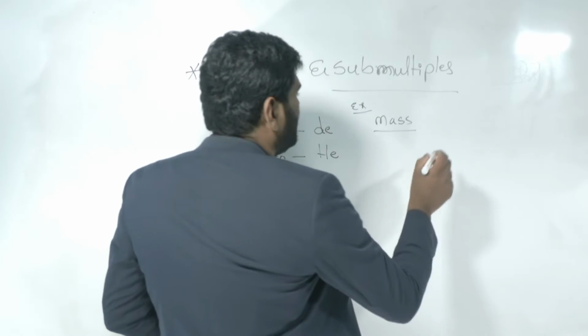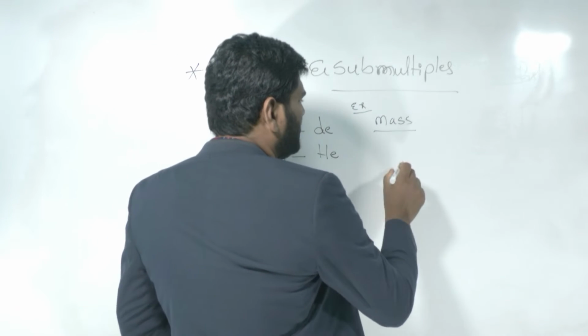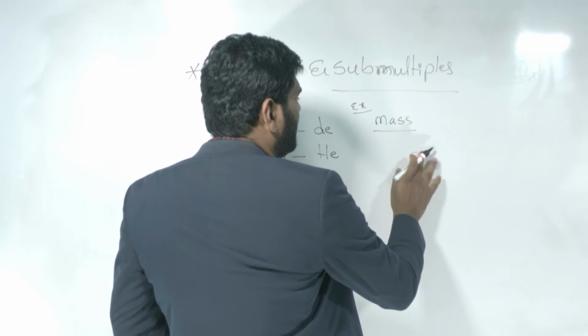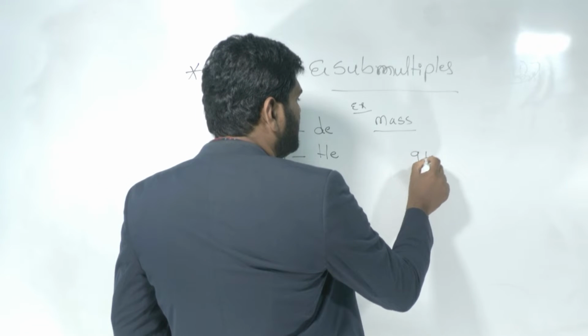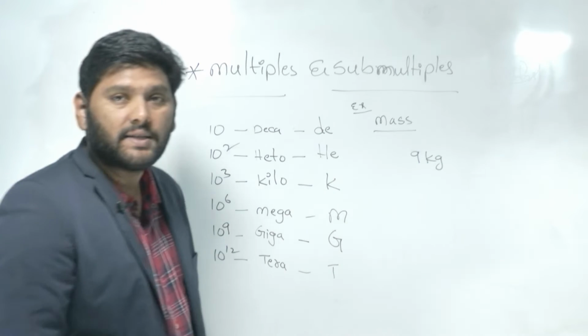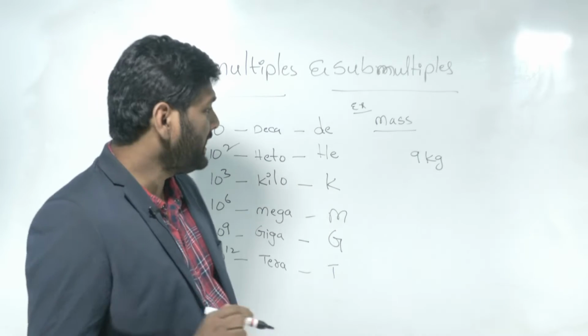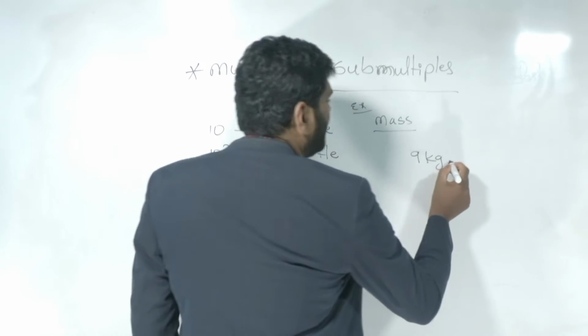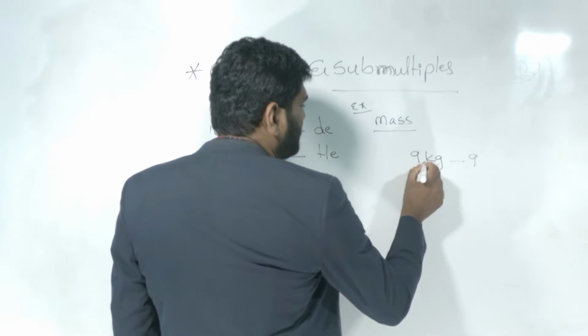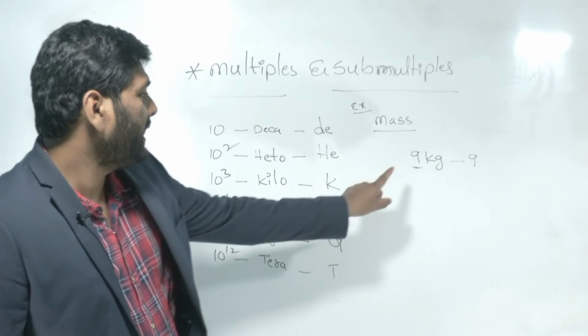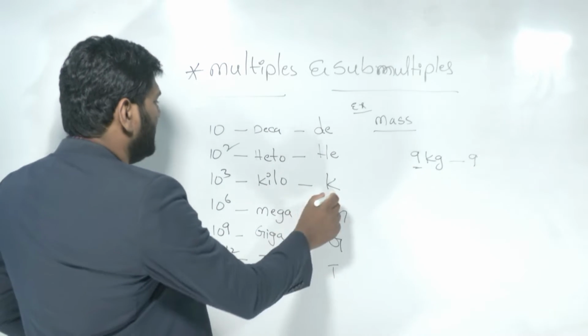Let us take any value, 9 kg. What does this 9 kg stand for? Here 9 is as usual, but what does K represent in these multiples?